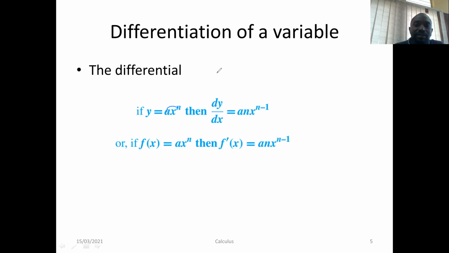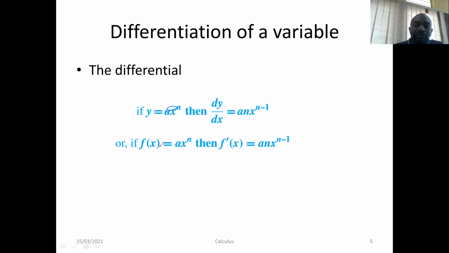So for a function y equals ax to the power n, to find the derivative dy over dx, you simply get the power n here, multiply it by the coefficient a, and this gives you an multiplied by x to the same power n subtract 1, basically n minus 1.